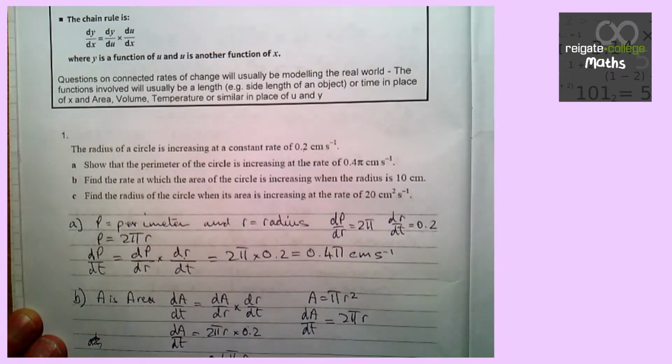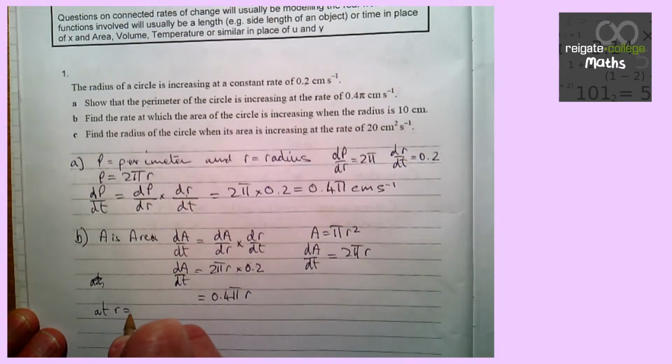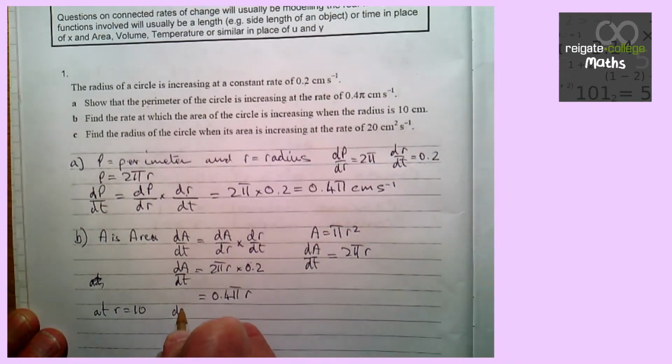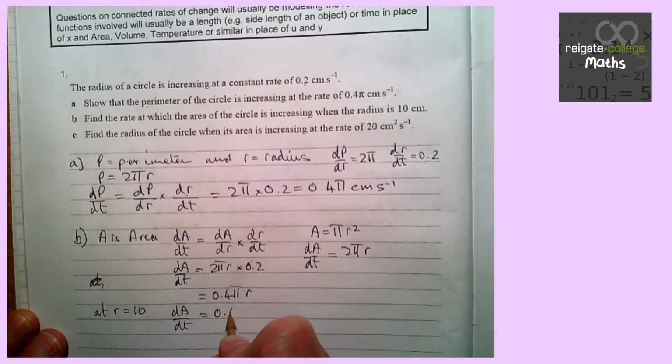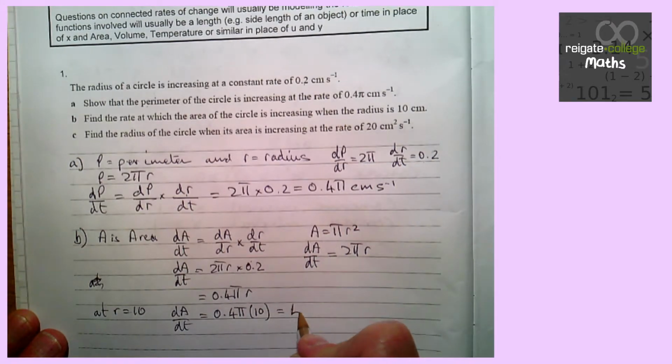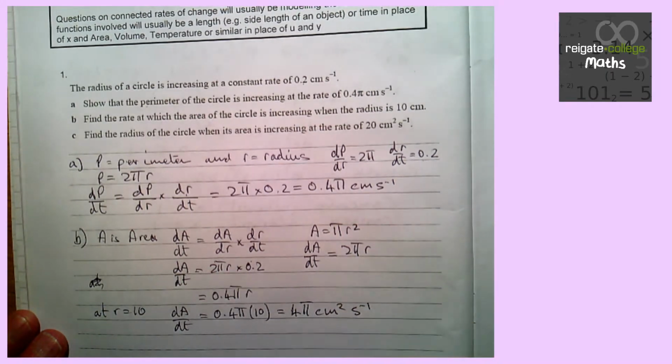At r equals 10, dA by dt is equal to 0.4 pi times 10, which is 4 pi centimeters squared per second.